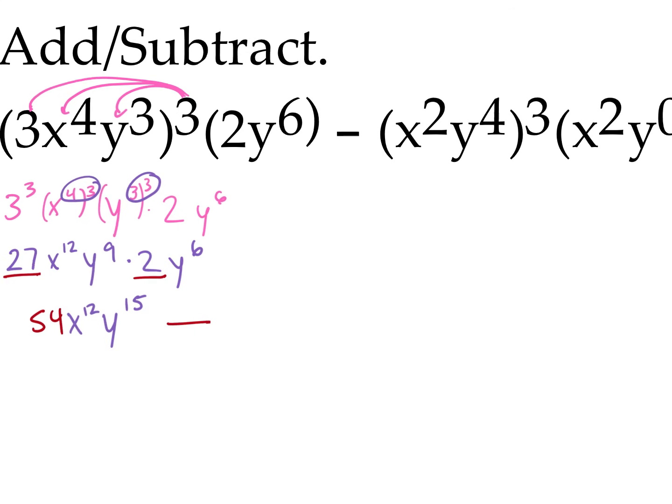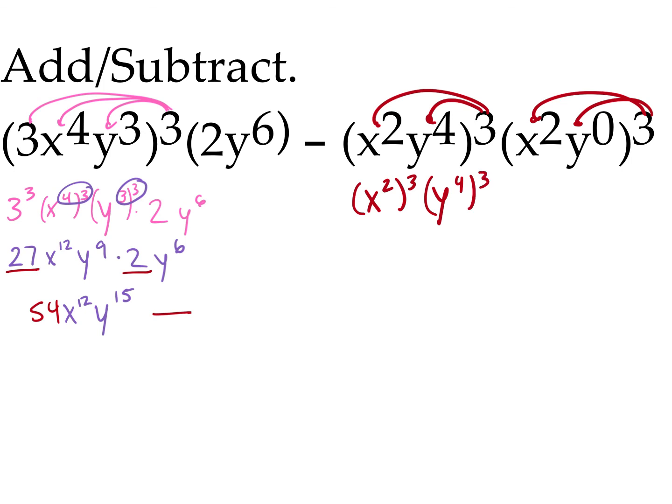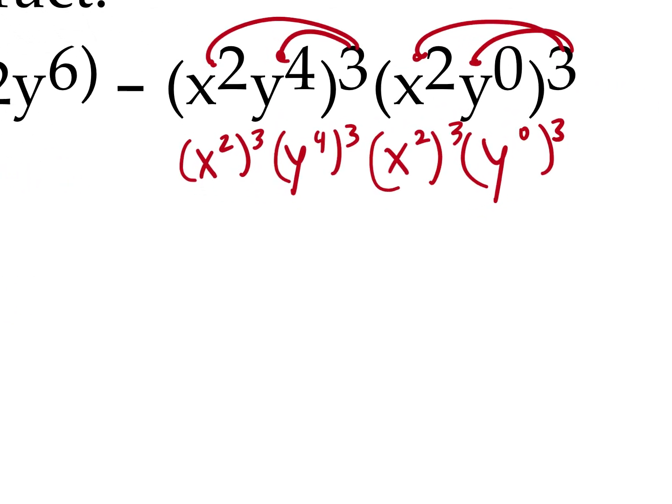Now let's do the right side. What should I do first on the right side? Distribute. So I have x squared to the 3rd power, y to the 4th power to the 3rd power, x squared to the 3rd power, and y to the power of 0 to the 3rd power. What can I do next?